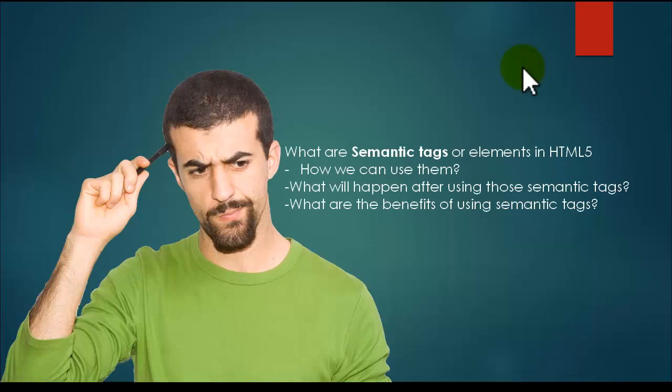So friends, semantic elements or semantic tags are those tags that have a particular meaning or purpose. These tags describe content in a human readable, meaningful way. Semantics refers to the meaning of a piece of code. For example, what purpose or role does the HTML element have rather than what does it look like?